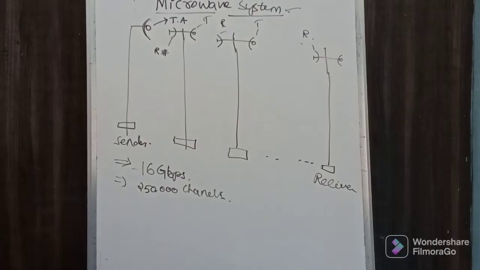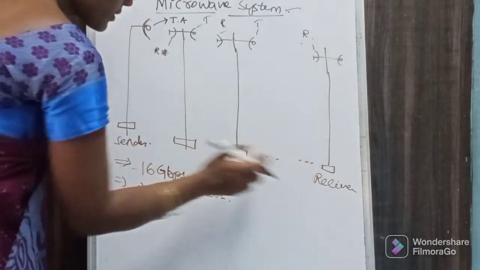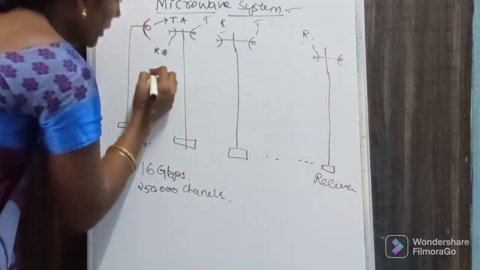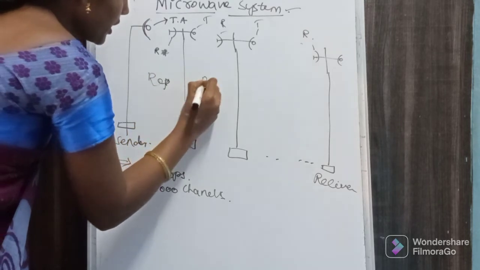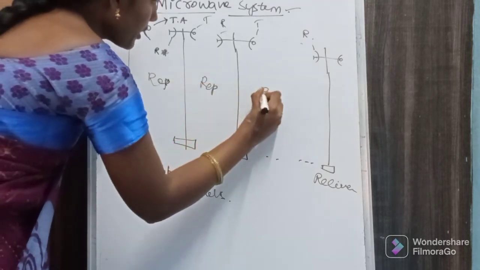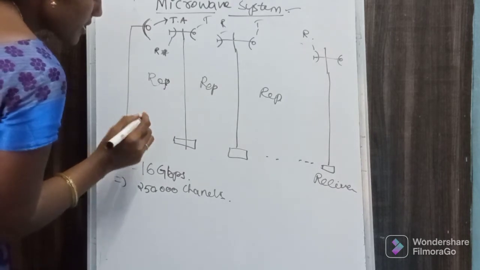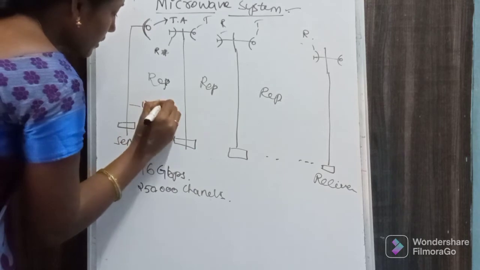So where do we place the repeaters? Here the distance between sender and receiver is very high, so what we do is place a repeater, right? The repeater is required here, the repeater is required here, the repeater is required here. So this repeater is placed between the sender and the line of sight.